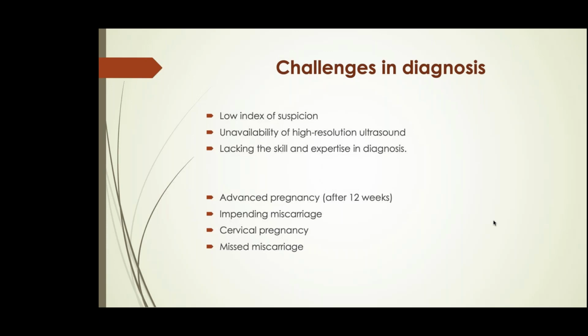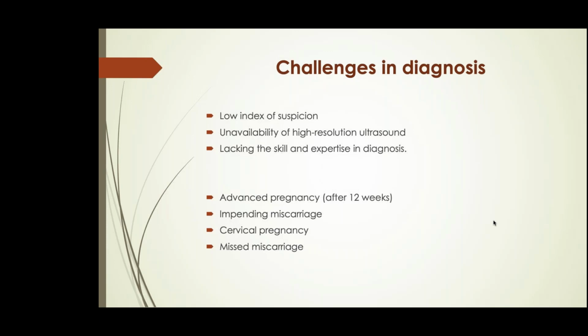With the older machines it can be difficult, but if you have a good new machine, you would be able to diagnose this easily. And lacking the skill and experience in diagnosis, again, is very important. So this is related to the facilities and the skills of the operator.